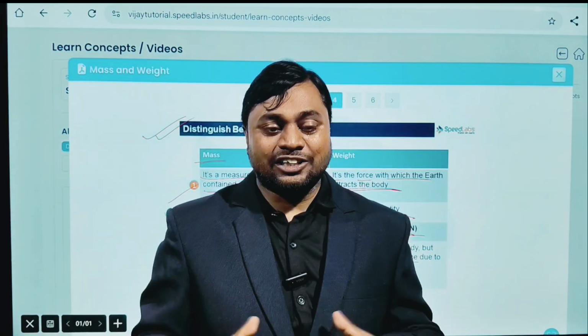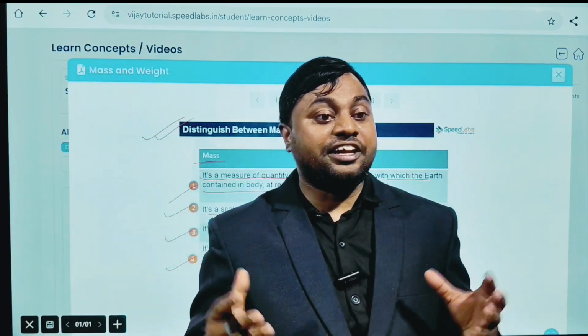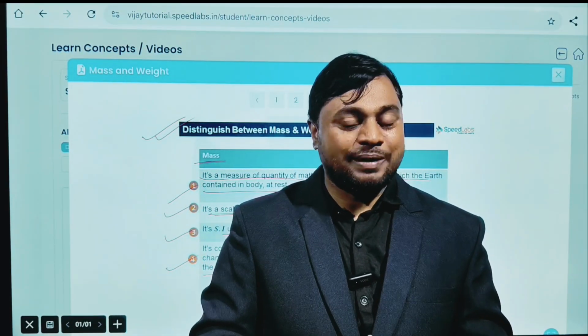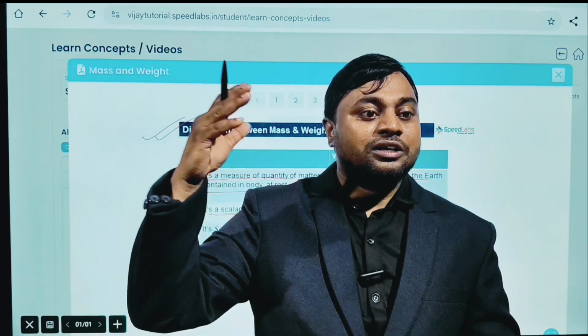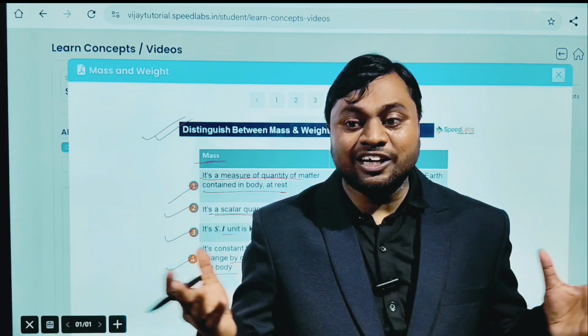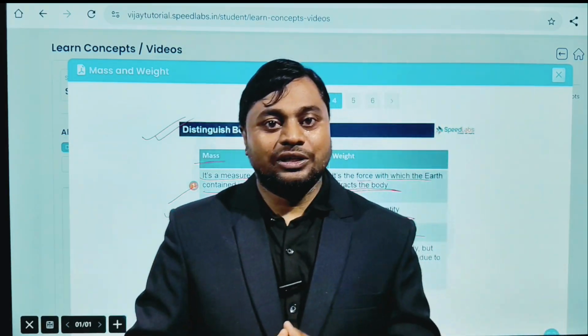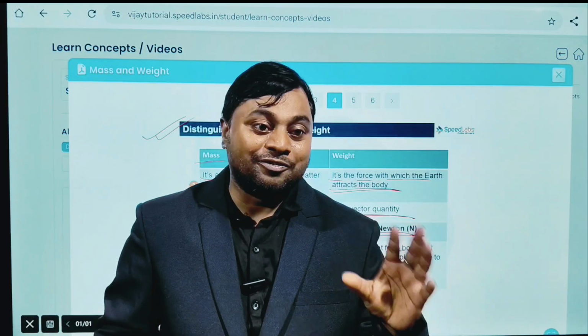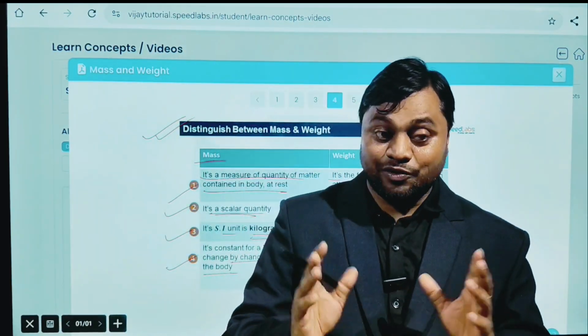When we go to space, acceleration due to gravity is 0. So what will be the weight in space? m into g, and g is 0, so mass into g means 0. So weight will be 0. Getting my point? So mass of the body can never be 0, but weight can be 0. Very important.